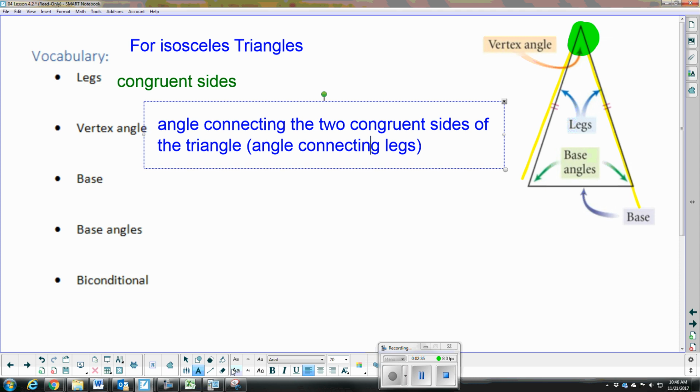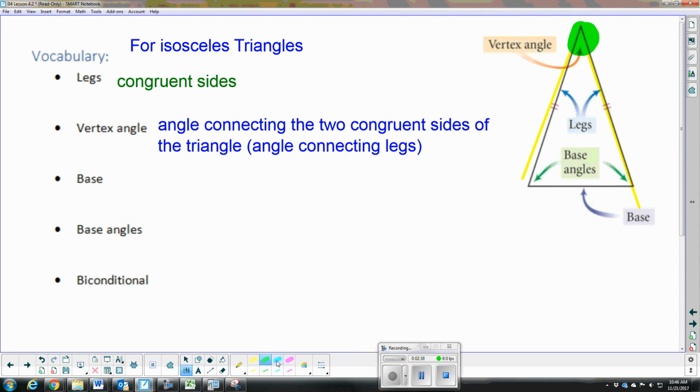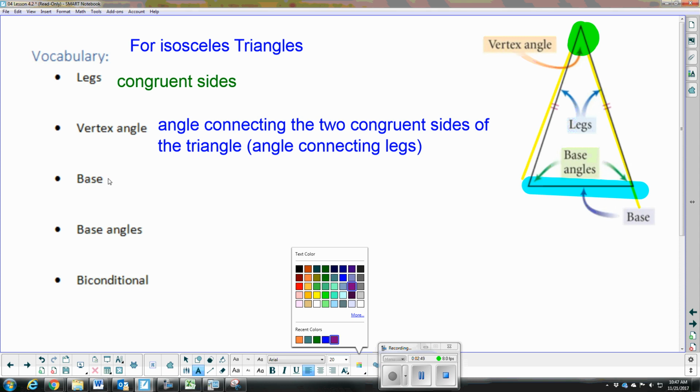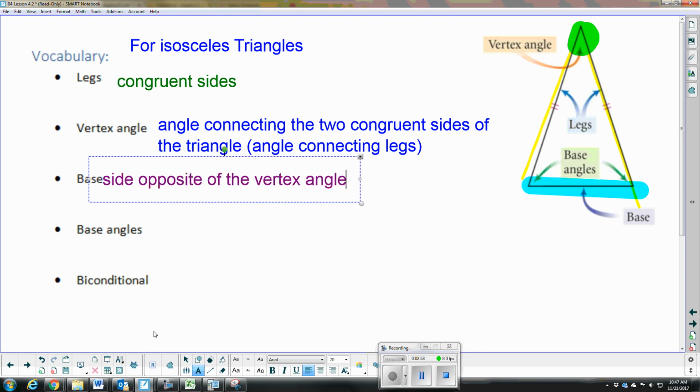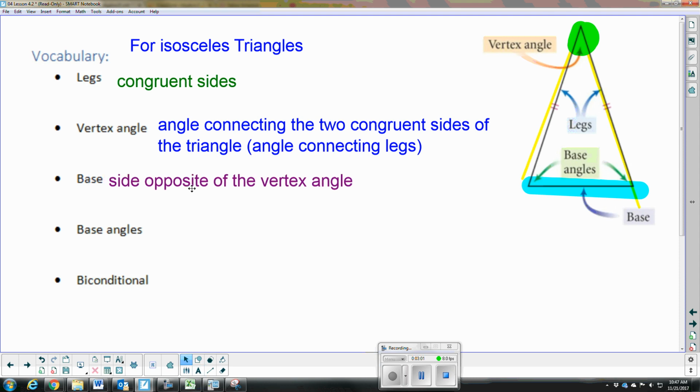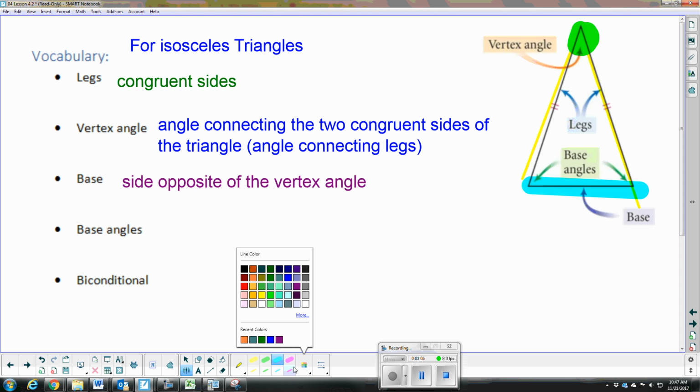All right, the next term is our base. And the base is a side of the triangle. It's the side opposite of the vertex angle. All right, and then an isosceles triangle has two base angles.